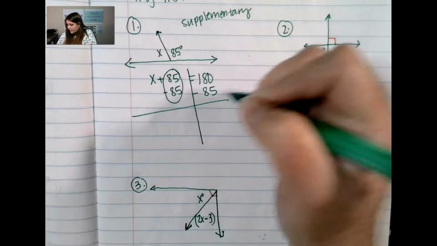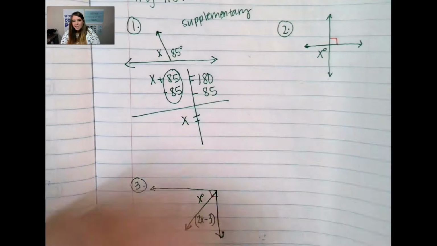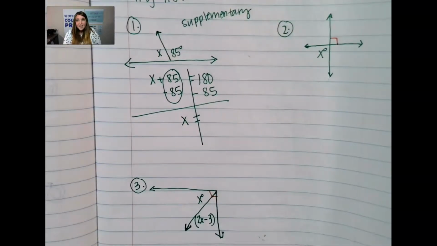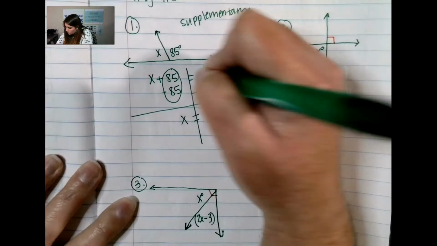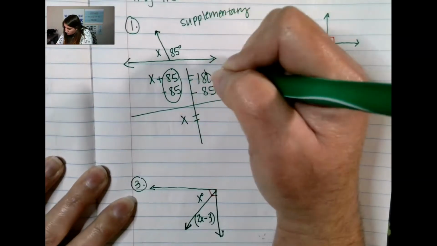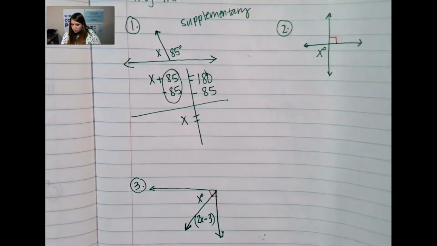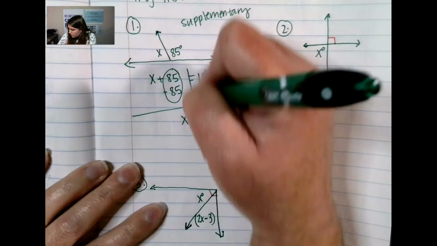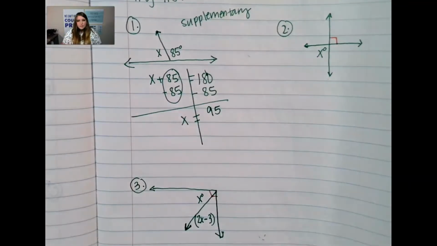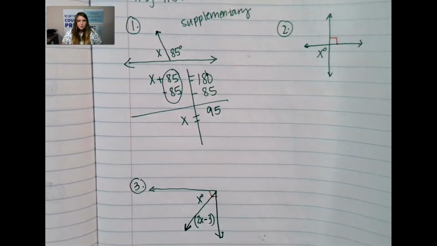This cancels and drop it down. And so now you get 95 degrees, supplementary.